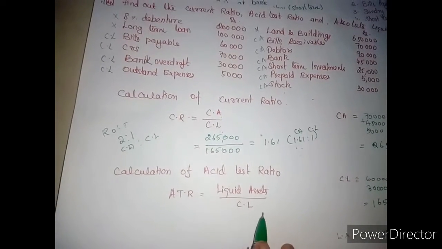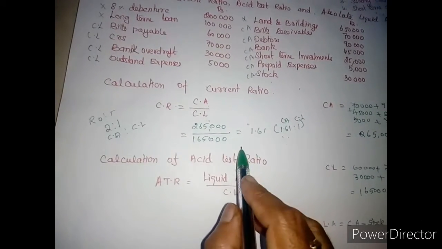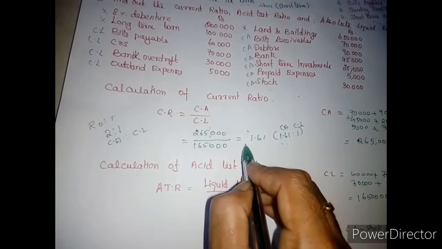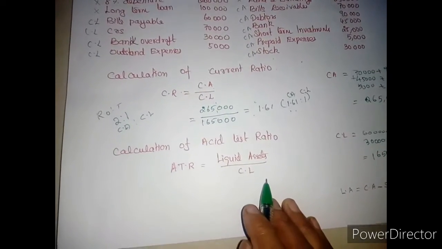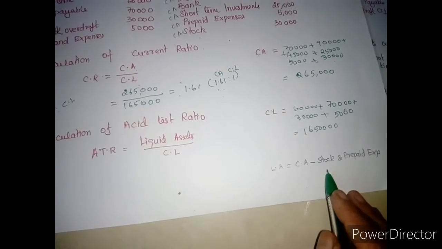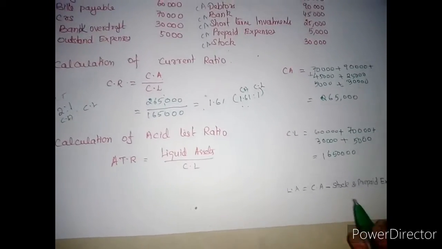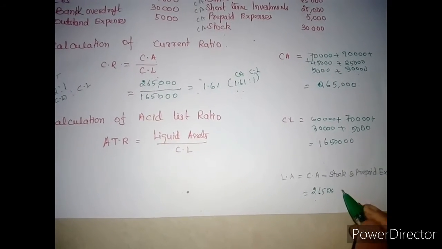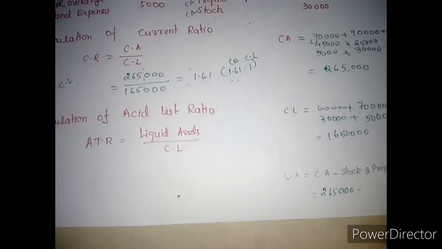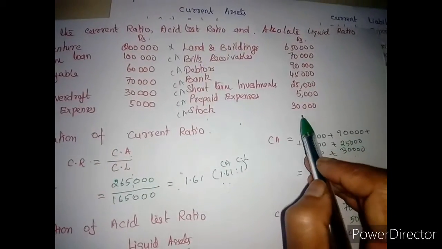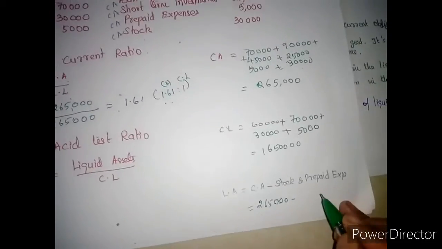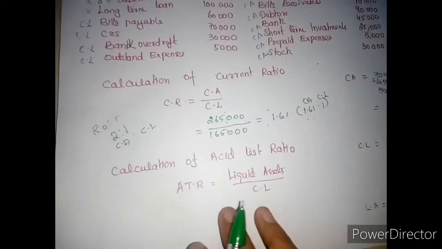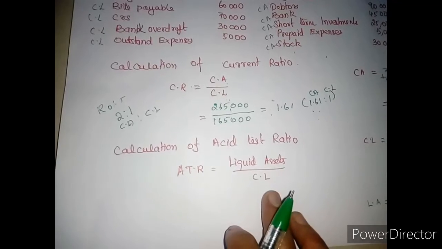Next one, acid test ratio. It is more liquid compared to the current ratio. Liquid asset means current asset minus stock and prepaid expenses. Current asset is 2,65,000 minus stock 30,000, prepaid 5,000. So 35,000 we have to deduct, that's all. The formula is liquid asset divided by current liability.